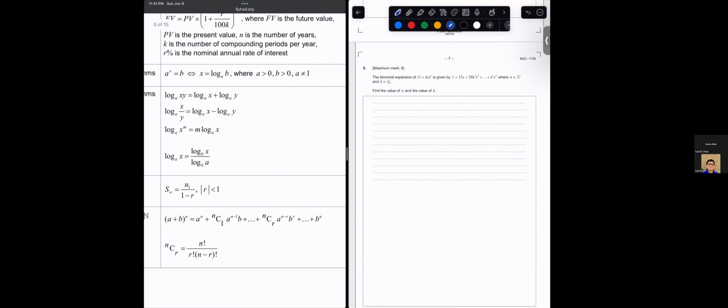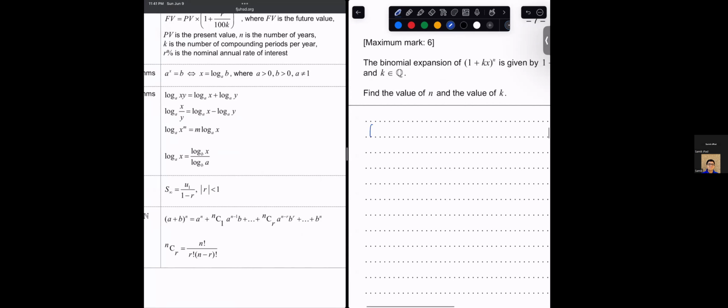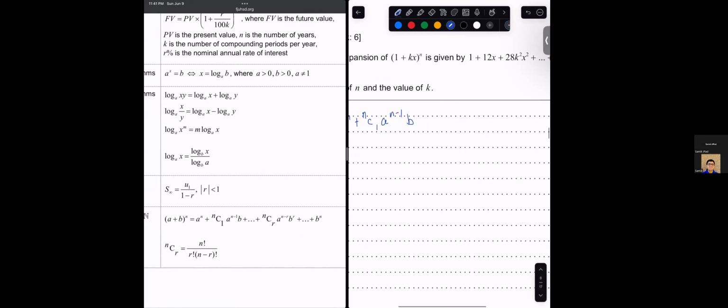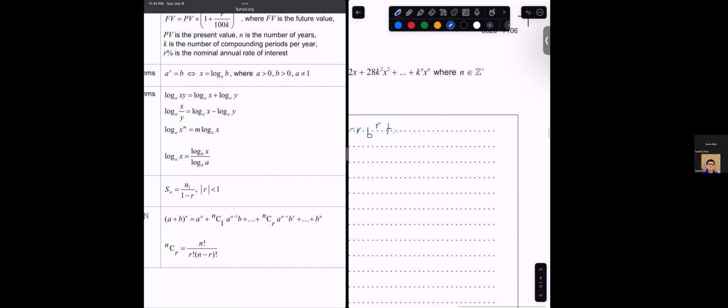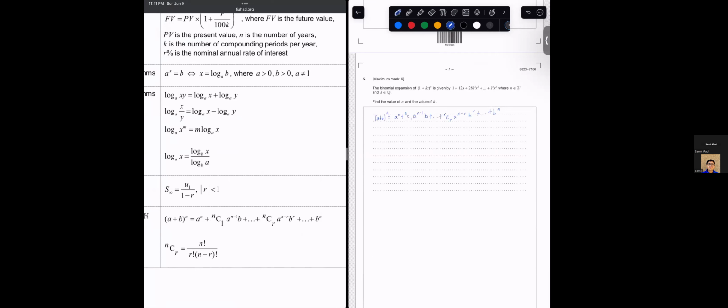The main formula we have to use is this one: (a + b) raised to n is equal to a^n + nC1 a^(n-1) b + ... + nCr a^(n-r) b^r + ... + b^n. That's our main formula, guys.